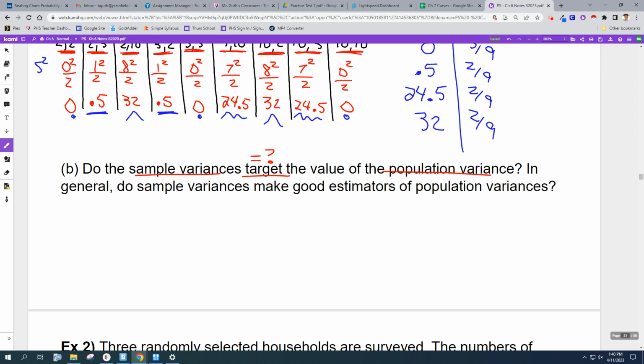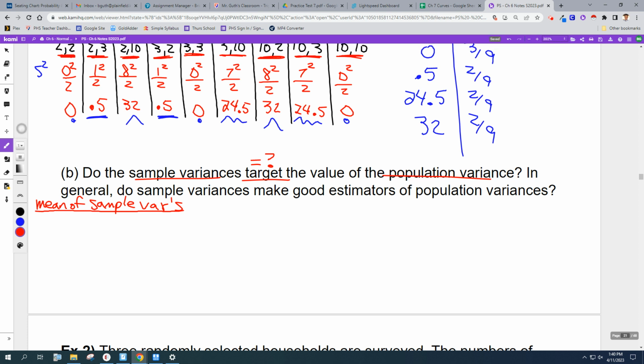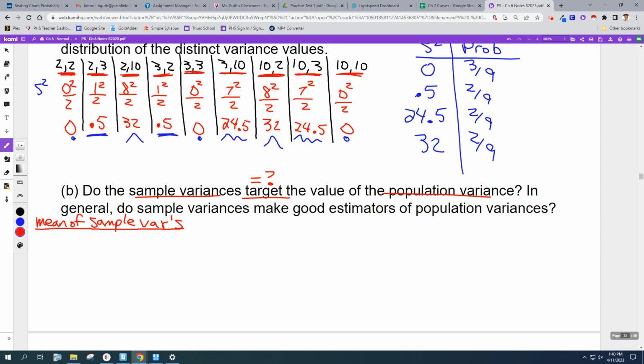So when we write the sample variances, I'm actually going to say the mean of the sample variances. You've actually seen this kind of thing calculated before. All you have to do is look back at your table and you're going to say left side times right side plus left times right plus left times right plus left times right.